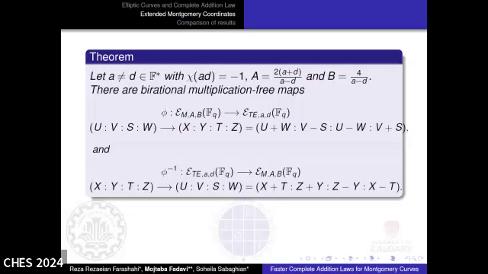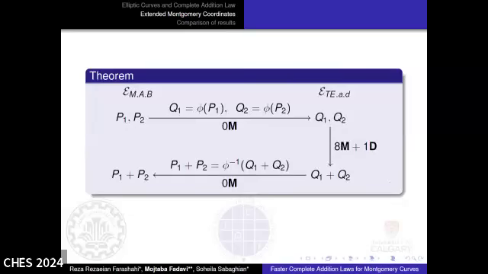So we can transfer points from Montgomery curves to twisted Edwards curves, compute their additions, and return back the points. And if we formalize, we can see here that there is no multiplication, and the computational cost will be the same as the computational cost of twisted Edwards curves that we need for the complete addition laws of twisted Edwards curves.